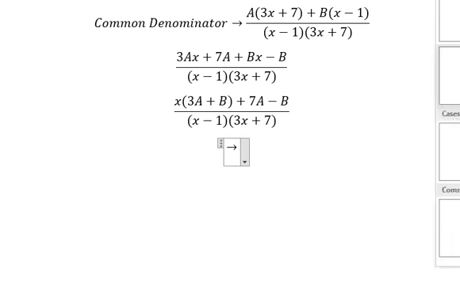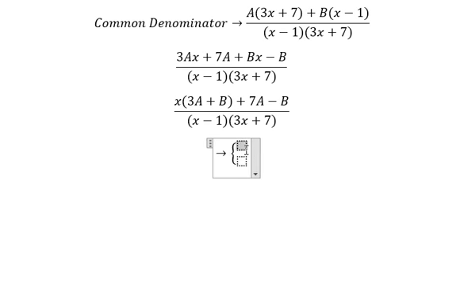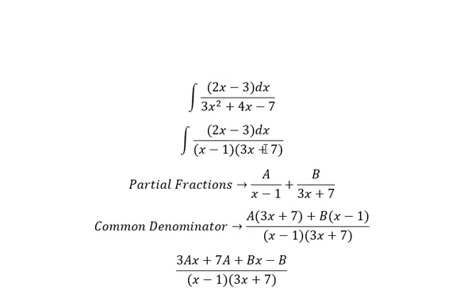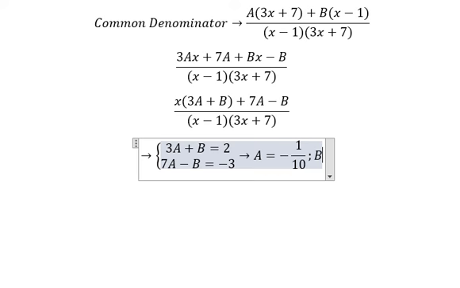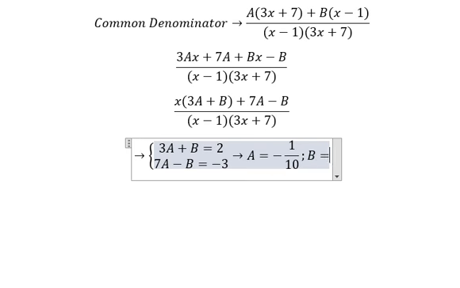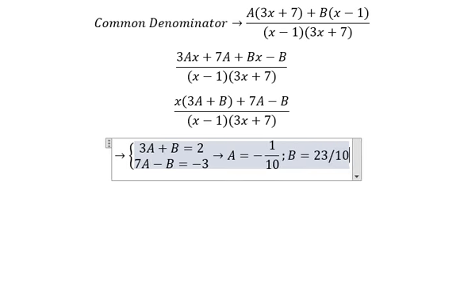So we get 3a plus b equals number 2, 7a minus b equals negative number 3. And now we find the solution of A and B. So capital A equals -1/10, capital B equals 23/10.